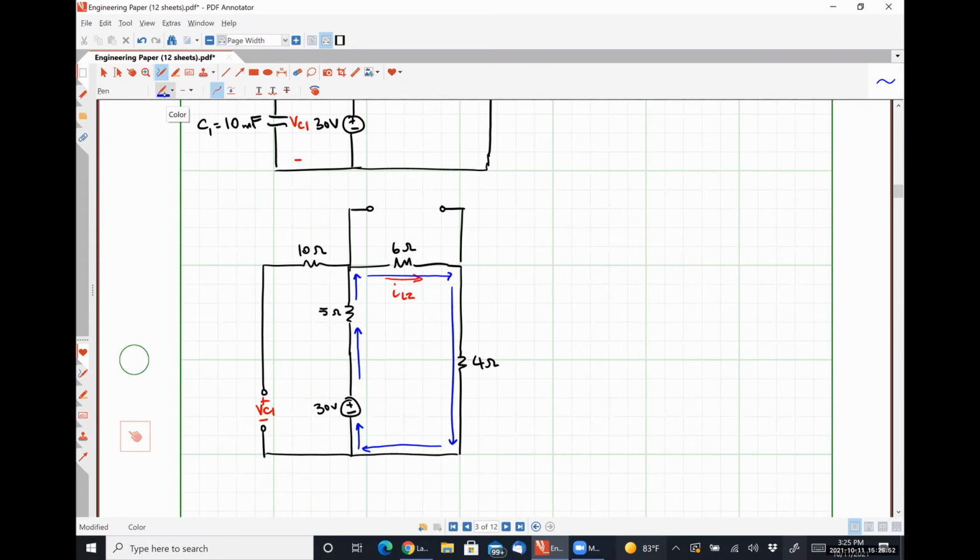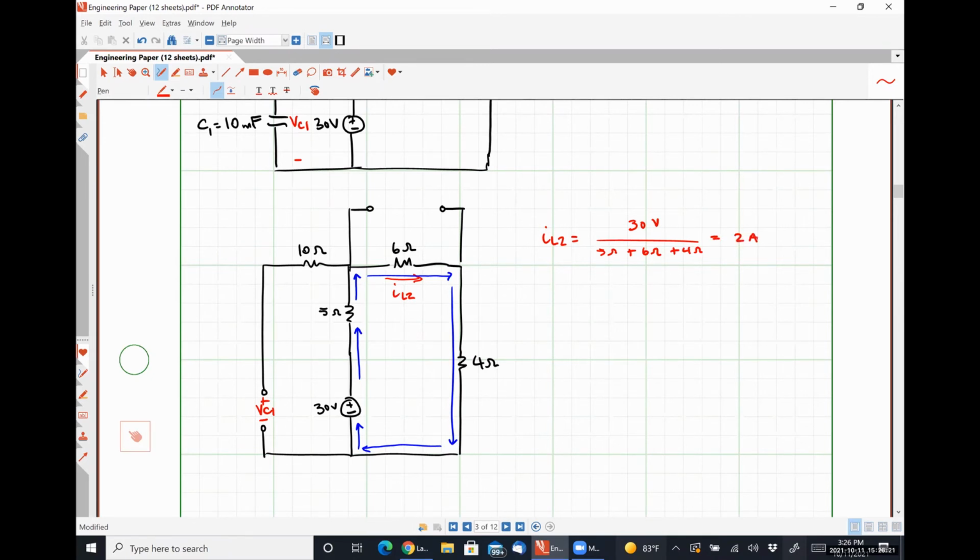So by using nothing more than good old Ohm's law, we can say that that current IL2 is simply 30 volts divided by just all of the resistances that that current I've drawn in blue passes through, which would be 5 ohms plus 6 ohms plus 4 ohms.